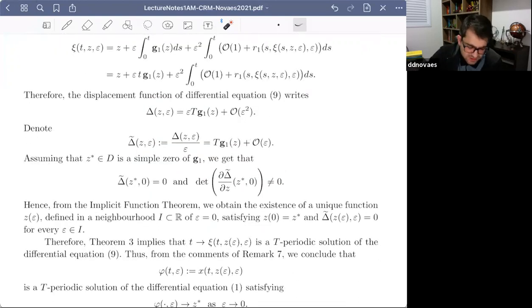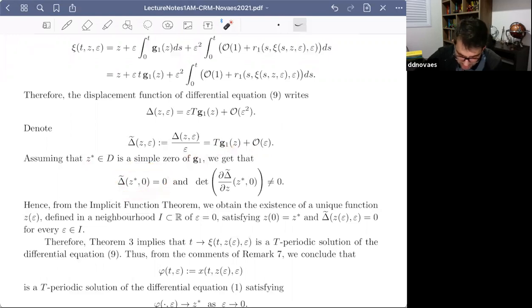Thus, if z star, a point in the spatial domain, is a simple zero of g1, the first order average function, then delta tilde of z star, 0 vanishes. Then we have g1 of z star, which also vanishes because I'm assuming that z star is a zero of g1, so it's equal to 0.